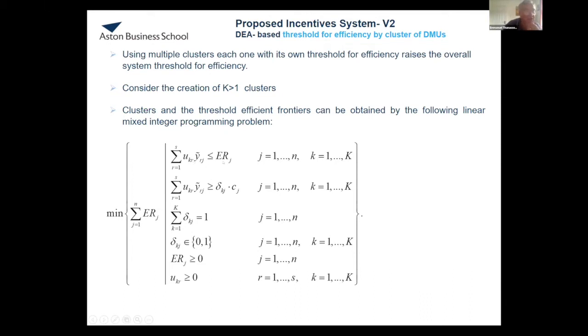So you're still dealing with the efficient output levels of the units, and you are minimizing the aggregate cost like we were doing before across the whole system.